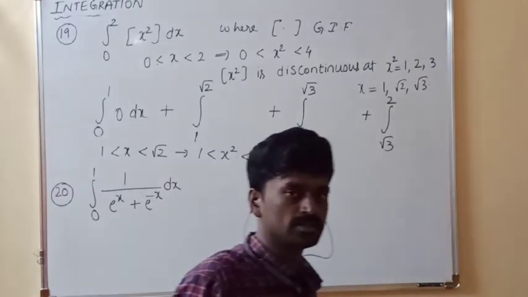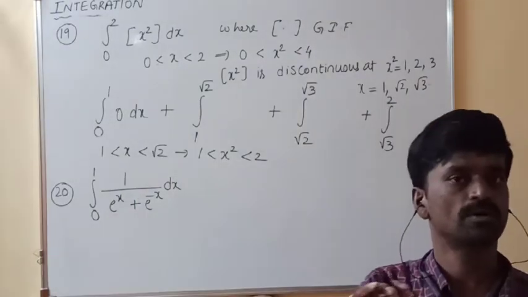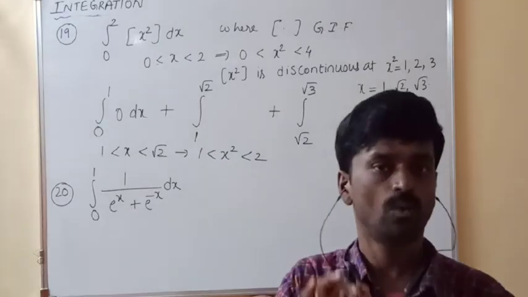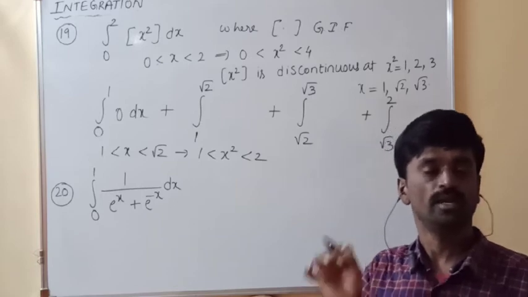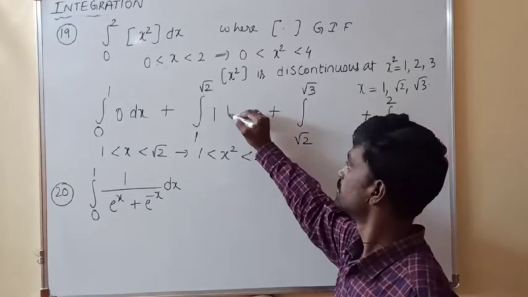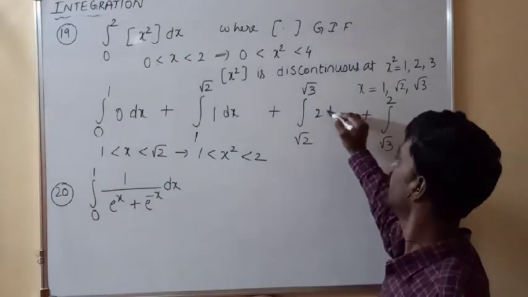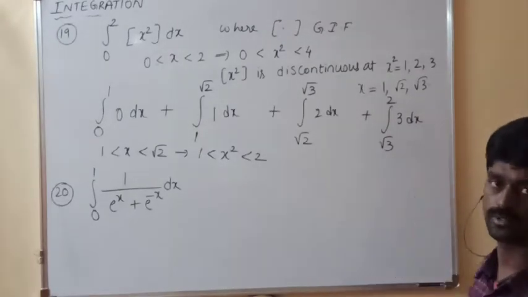In that interval, x square takes any number between 1 and 2. What is the step of any number between 1 and 2? 1 only. So similarly you will get here 2, next you will get 3. So 0, 1, 2, 3.